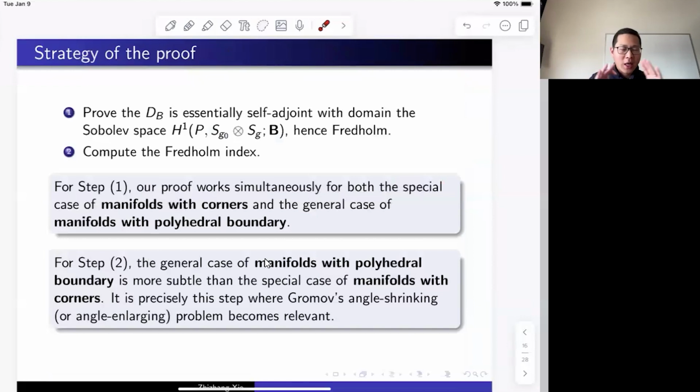So let me outline the strategy of the proof of the index theorem. There are 2 parts. We need to prove that it's Fredholm under the dihedral angle comparison. That's the first step. Once you make sense of the Fredholm index, then you compute it.